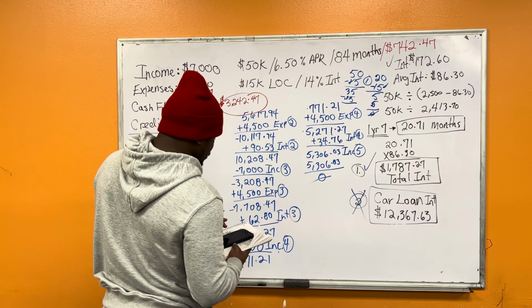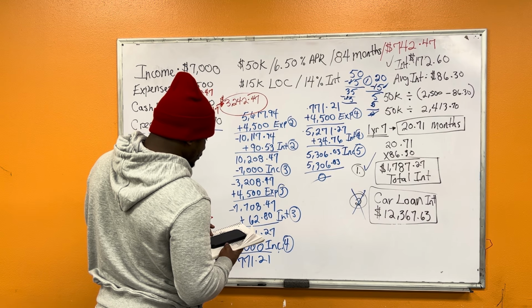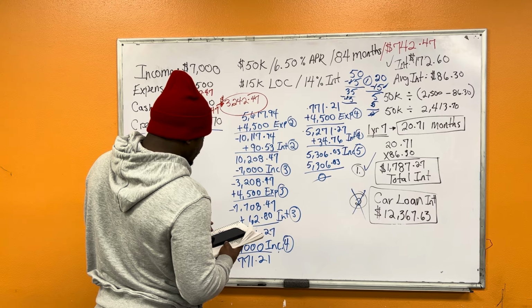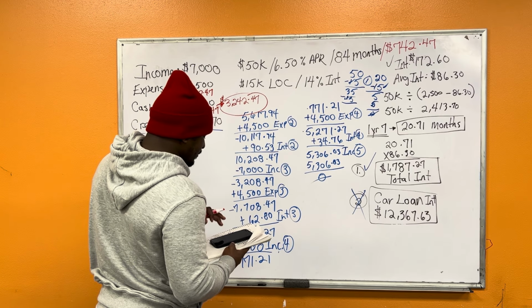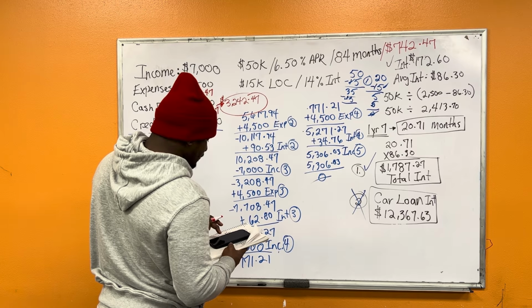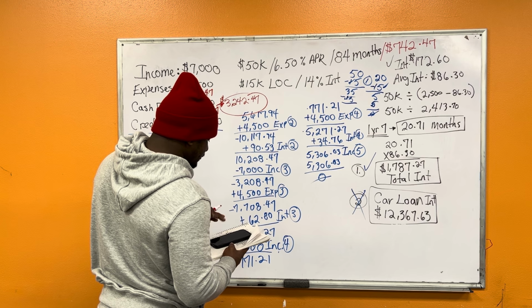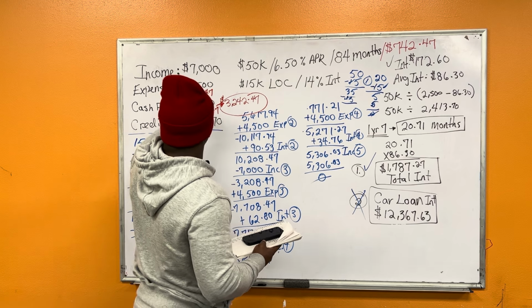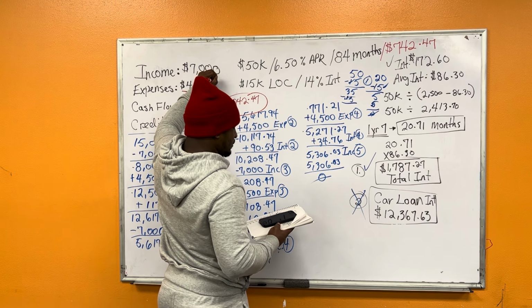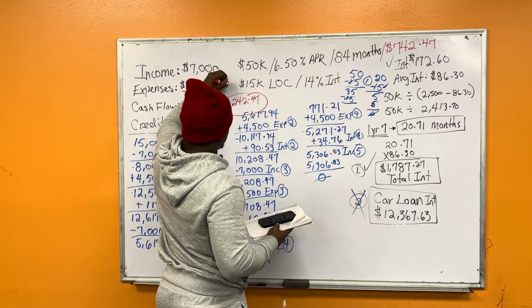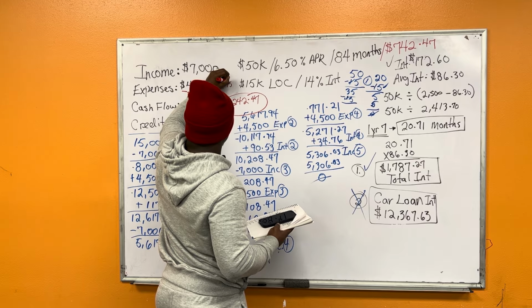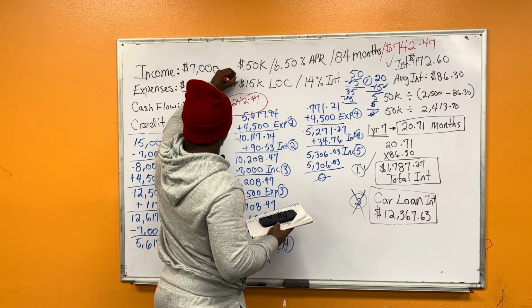And let me show you your new expense. So you do 4,500 minus 742.47, which is 3,757.53.